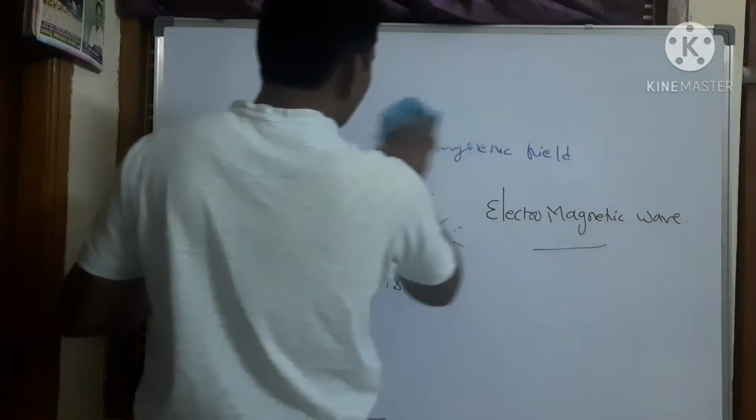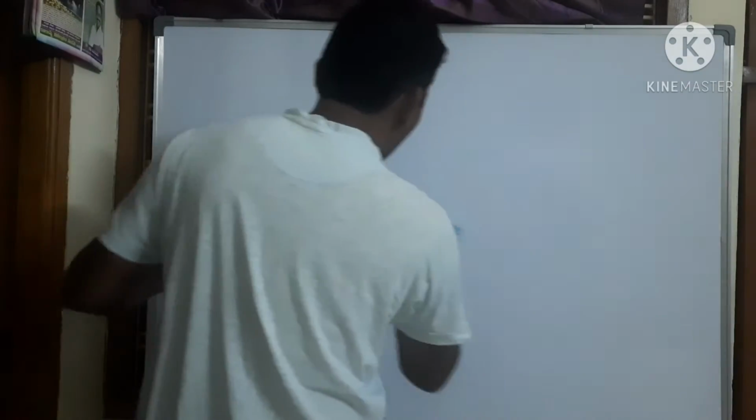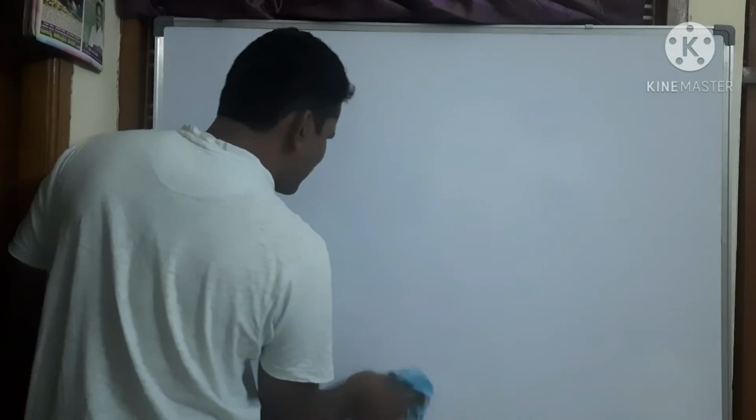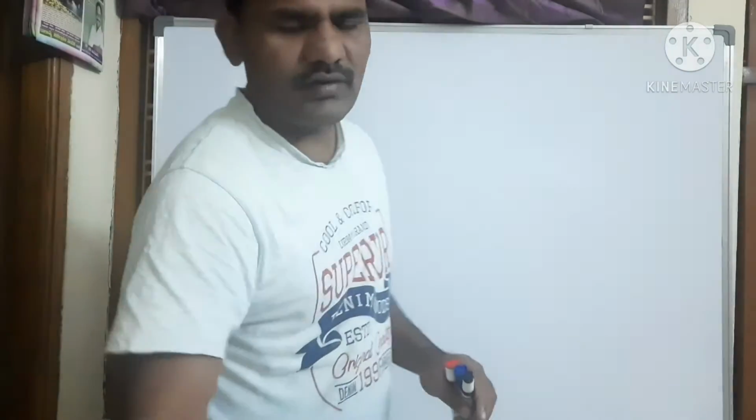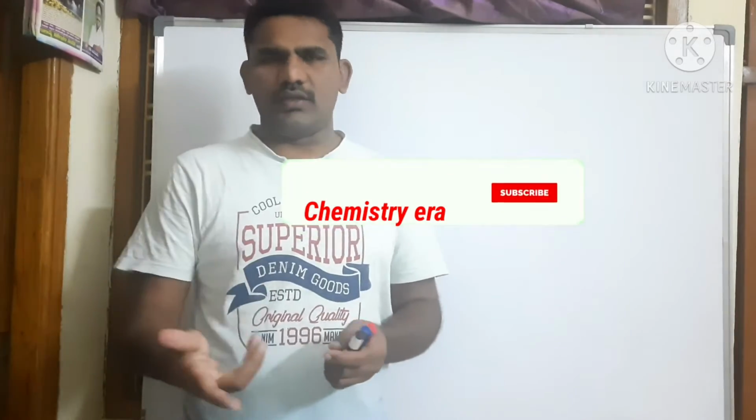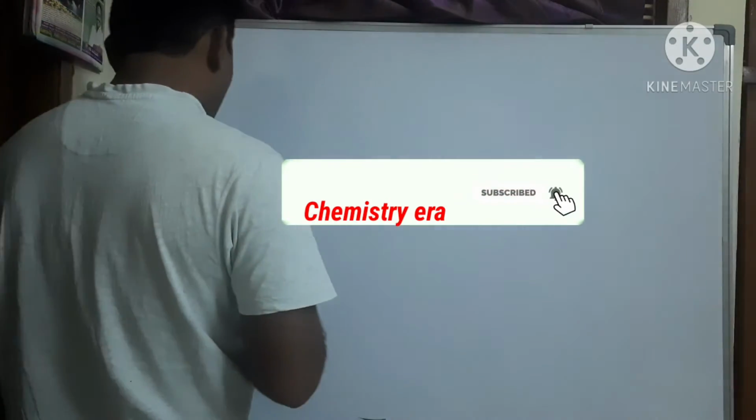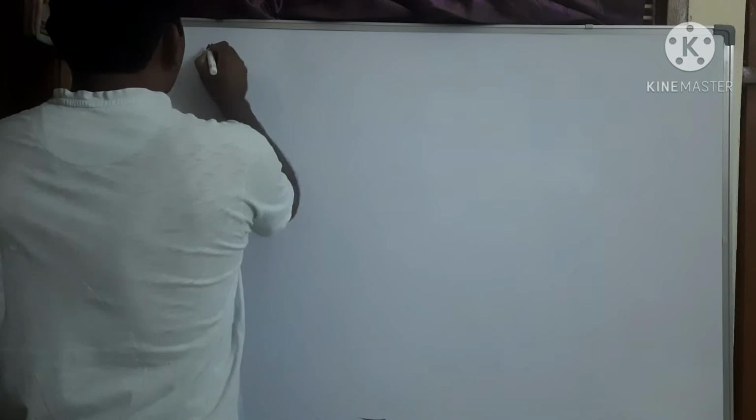This electromagnetic wave has characteristics the same as all other waves like light wave and sound wave. Now let us try to understand the important characteristics of electromagnetic wave.